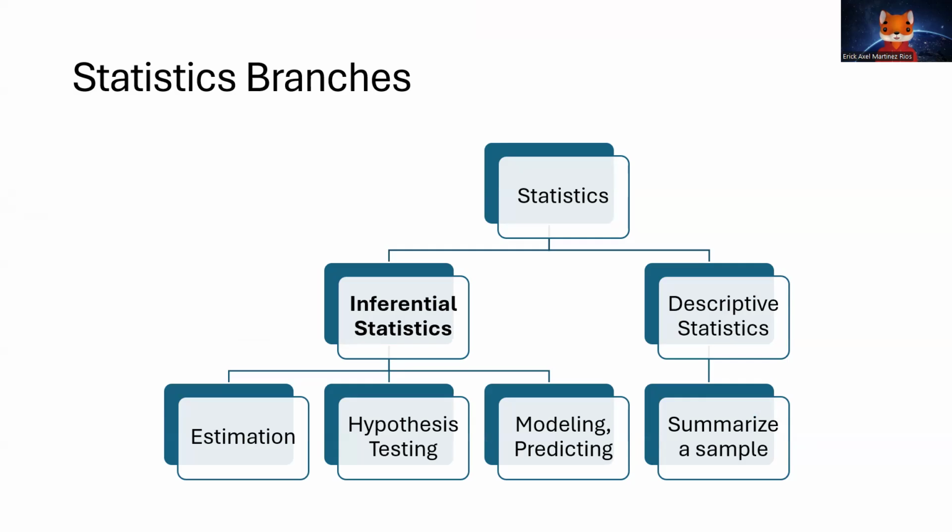Statistics can be divided into two main branches. We have descriptive statistics that is basically focused on summarizing data. When you compute, for example, a mean, standard deviation, or the median of the characteristics of a population or a sample, basically what we're doing is to summarize the data.